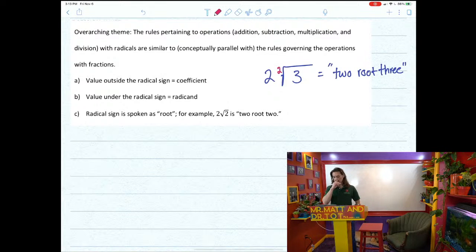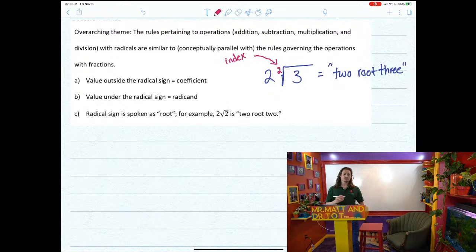So where I'm writing in that cranberry colored 2, that's called the index. And that determines which root you're taking. Are you taking the square root, the cube root, the quartic root, the fifth root, the sixth root, the 100th root? The square and the cube root are the most common that you'll see.